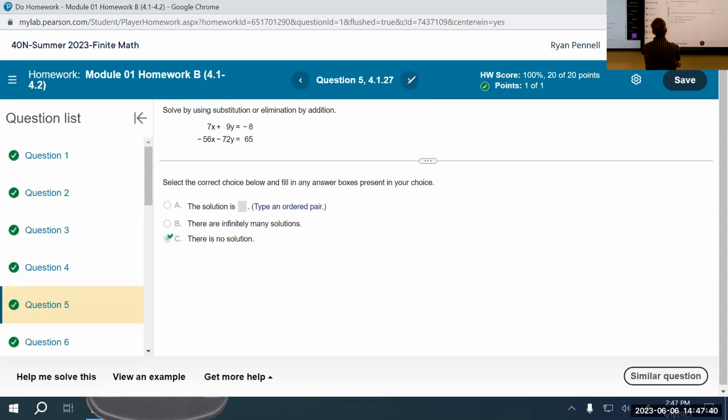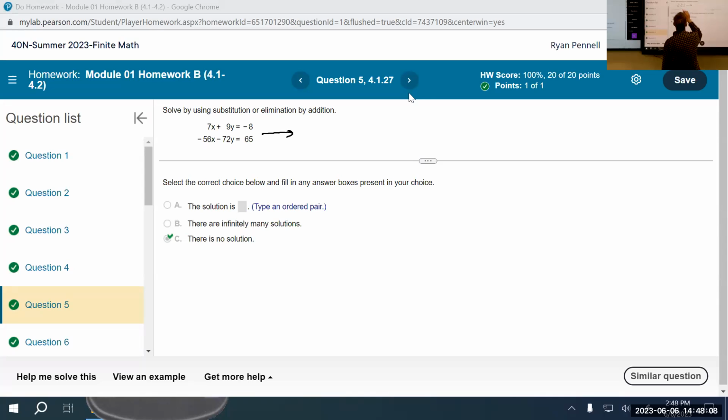That's the idea. So for instance, is there anything I can multiply 7 by to get positive 56? Like, is 56 a multiple of 7? Can anyone think of it? Is there anything I can multiply 7 by to get 56? 8. 8.